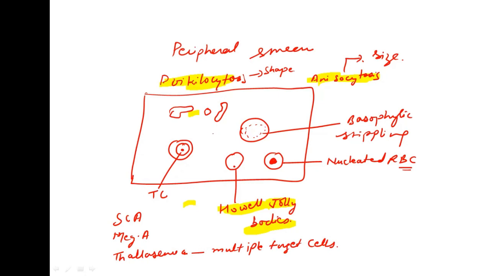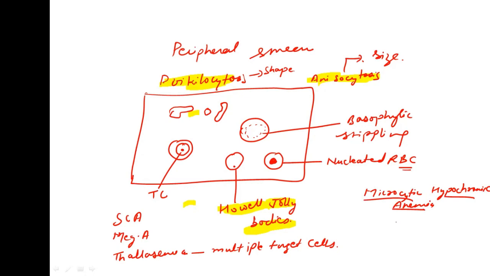Just remember this. You can see multiple target cells in case of beta thalassemia. Now, we'll discuss here one more thing, which is microcytic hypochromic anemia. Just remember this, you'll get a direct question.